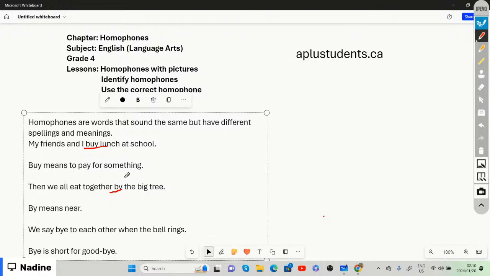So this by can mean distance, whether you're far, whether you're near, whether you're over there. That is by. And then we have another one that says by.